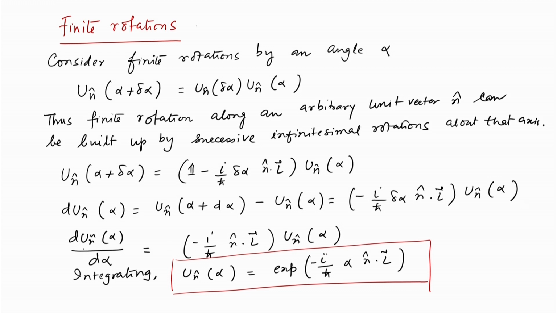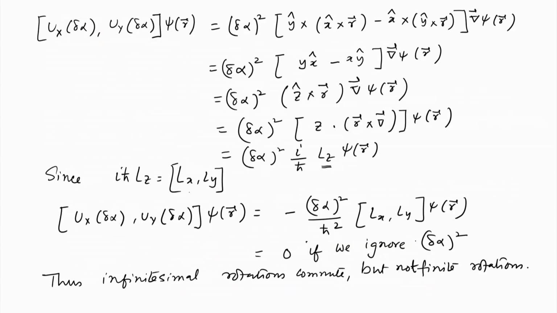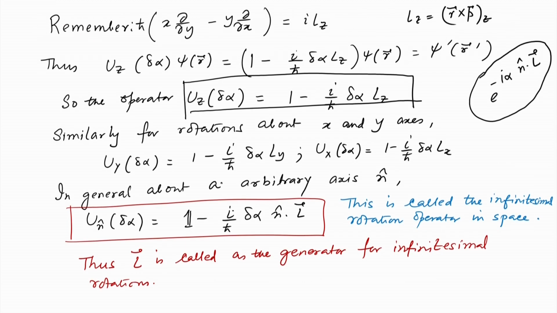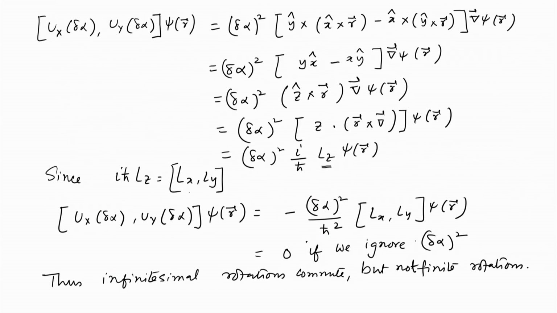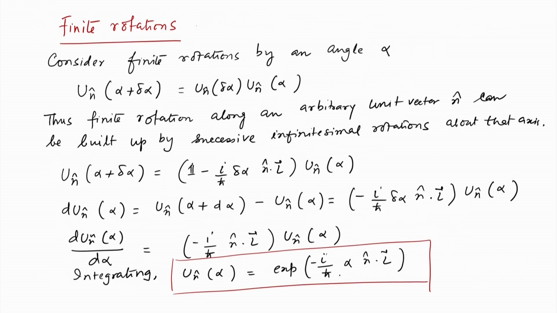And if I do the simplification, I get a differential equation for the rotation operator, which is dUn cap alpha by d alpha equals this, and then if we integrate, you get Un alpha equal to exponential of minus i by h cross alpha n cap dot L. This is what I was saying, that the expression that we got here is actually the limiting expression for this exponential. If you expand the exponential, the first two terms you will get are 1 minus that term that was written, which is delta alpha n cap dot L.